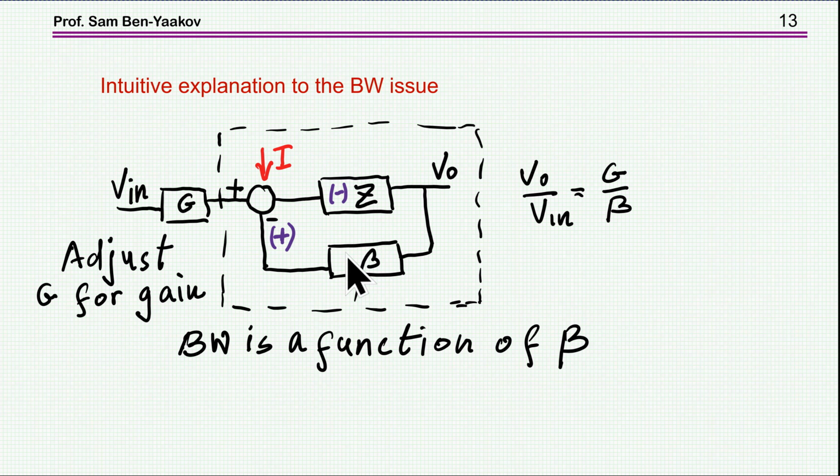So the bandwidth is affected by beta here, while you can then trim the gain by G. And this is the whole point. The point is that in the current feedback amplifier, you can change G and beta independently. You can fix beta and then trim the G for the gain.